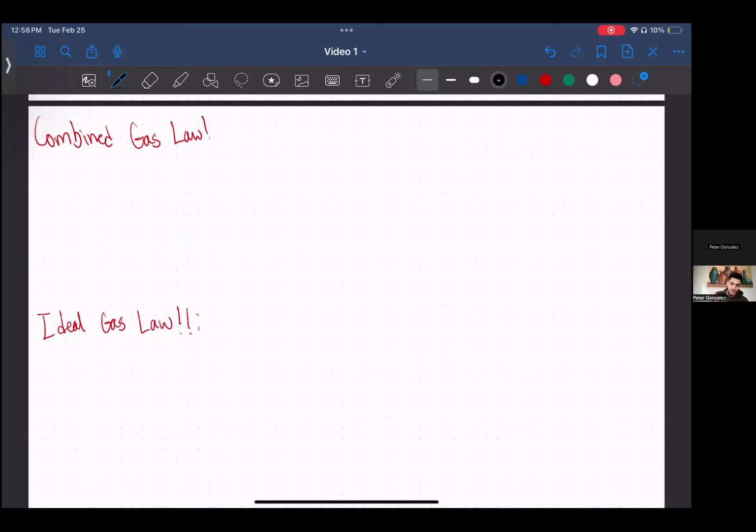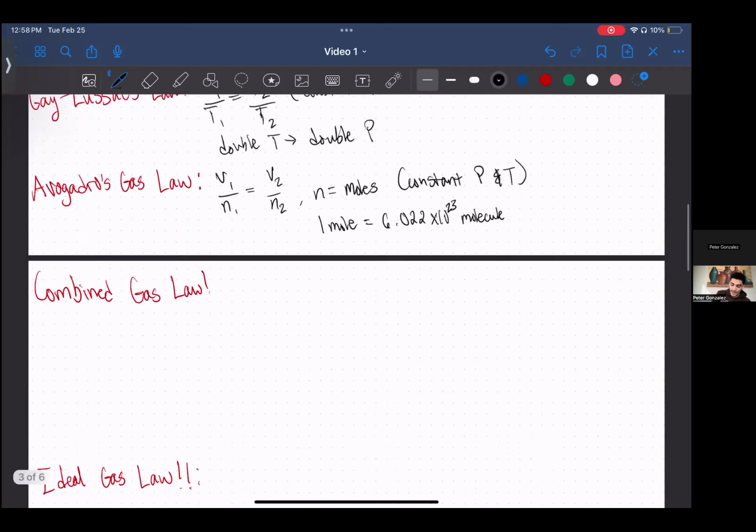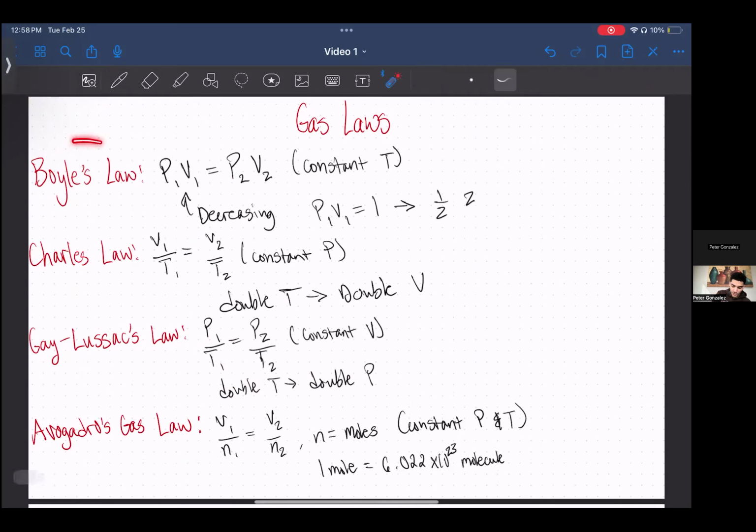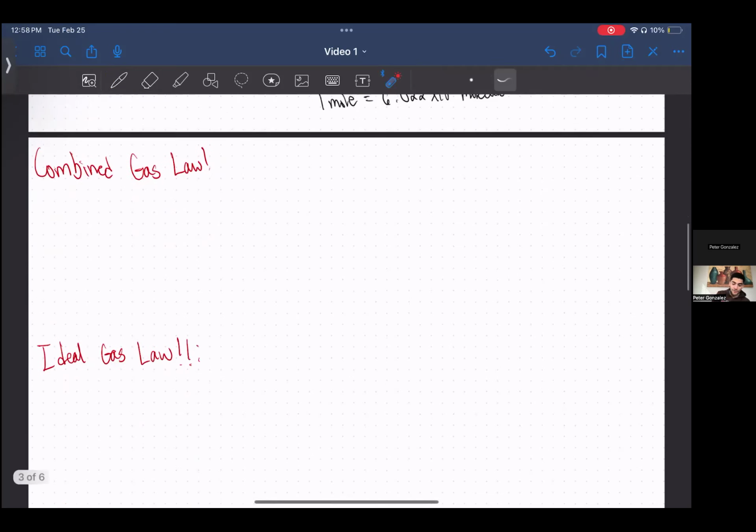So the combined gas law will take all three of the first ones we looked at, Boyle's, Charles's, and Gay-Lussac's, and combine them into one equation. And that equation is P1 V1 over T1 equals P2 V2 over T2. Before I explain this, I want everyone to keep this in mind always.